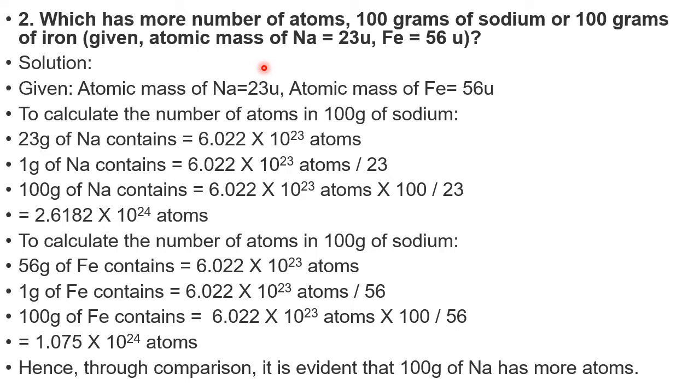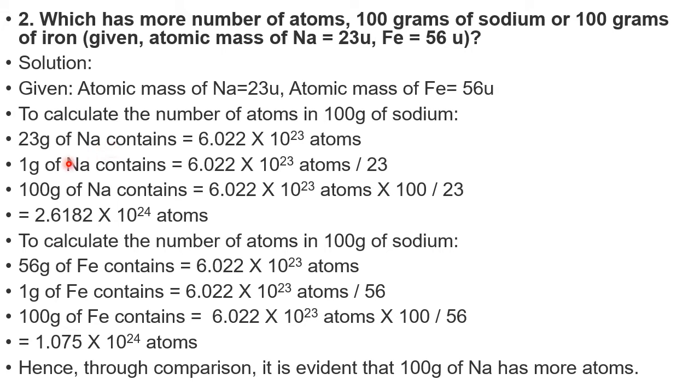For this we require the knowledge of the molar mass of sodium and the molar mass of iron, which is given in the question itself. If it is not given, kindly ask for the table, in the form of a logarithmic table. It will be supplied in the examination. So atomic mass of sodium equals 23 and atomic mass of iron equals 56.